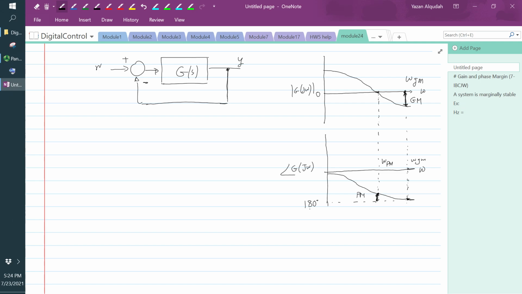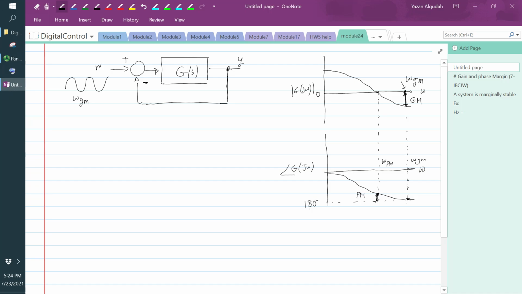So let's say that I come to this system here, and I'm going to take a sinusoidal signal that I'm going to apply to this system. The frequency of this sinusoidal signal is omega gm, this frequency here. Now what's going to happen, this signal is going to go through the system, and then I'm going to generate an output.